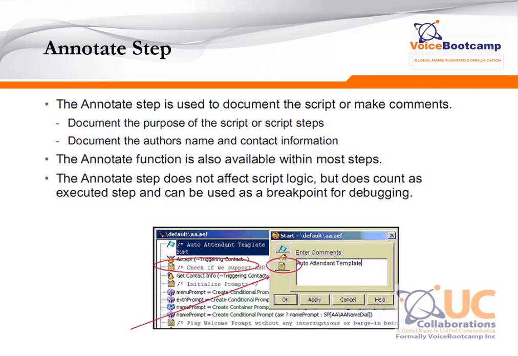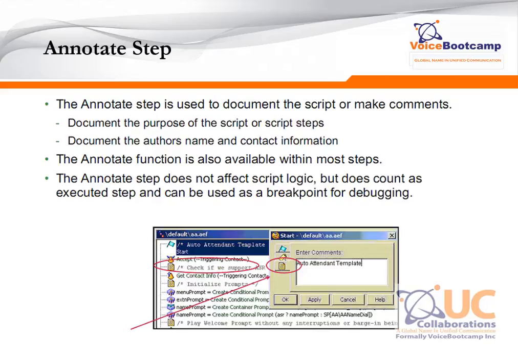Every program, whether it's a Contact Center Express script or C++ or any general program, you'll often see comments or documentation in the program describing what the function does. In Contact Center Express, it is also useful to provide documentation or comments to help you design your script. We provide comments or documentation using the annotate step.